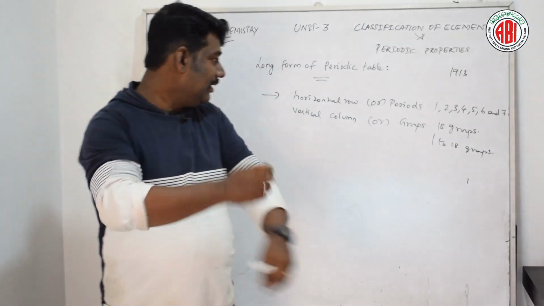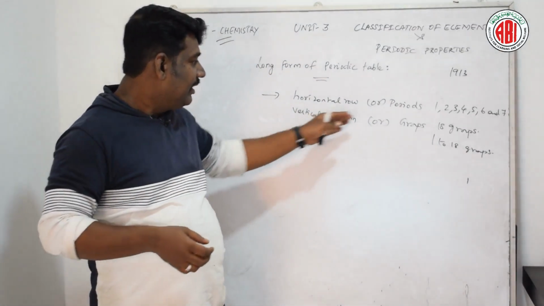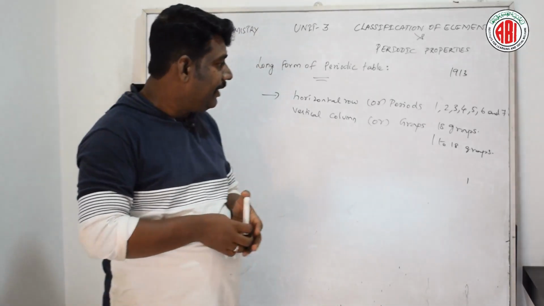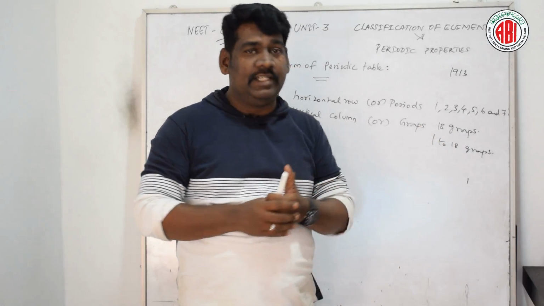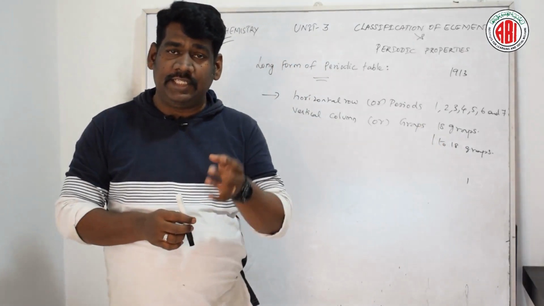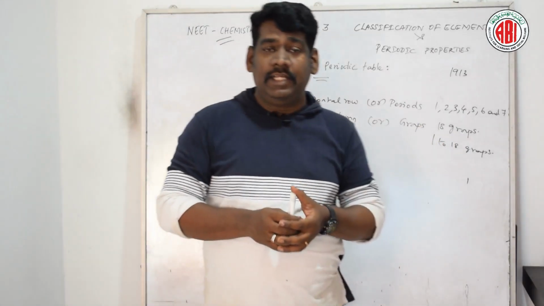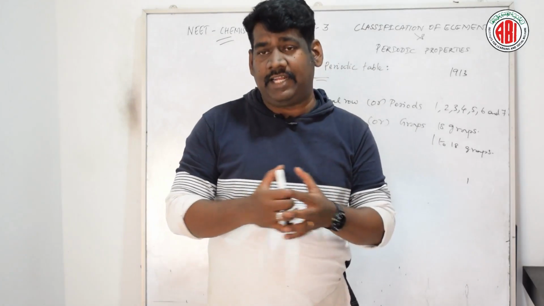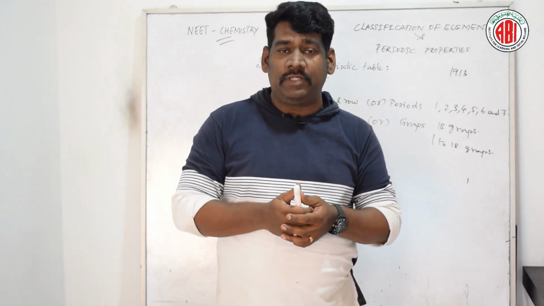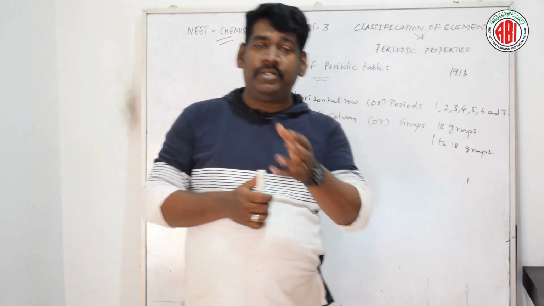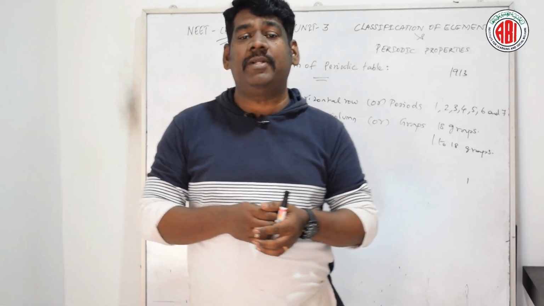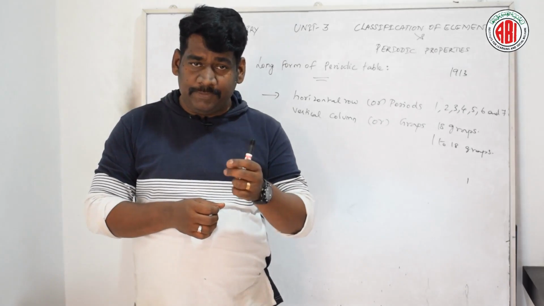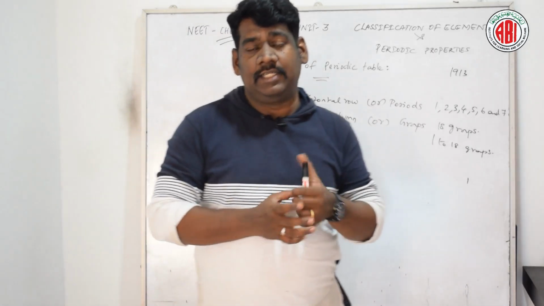As I said, the horizontal rows are also called periods, and they are denoted as 1 to 7. A horizontal row in the periodic table is called a period. In terms of electronic structure, a period constitutes a series of elements whose atoms have the same number of electron shells, with principal quantum number n.